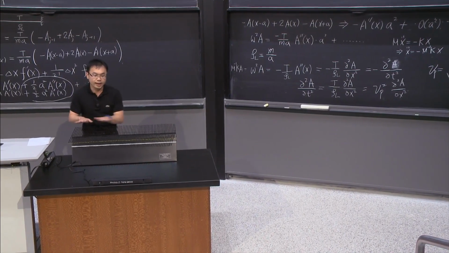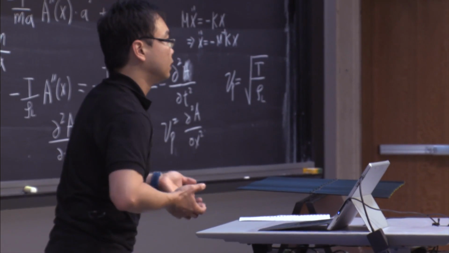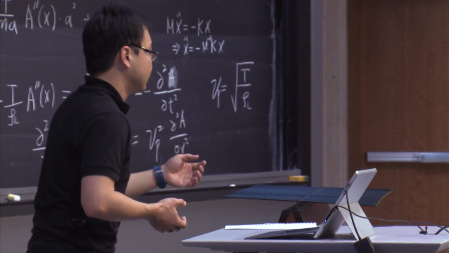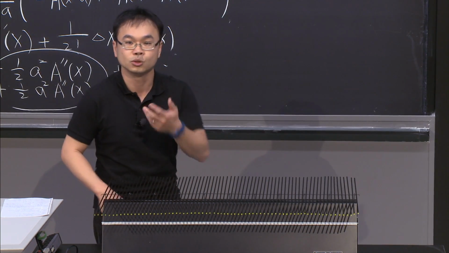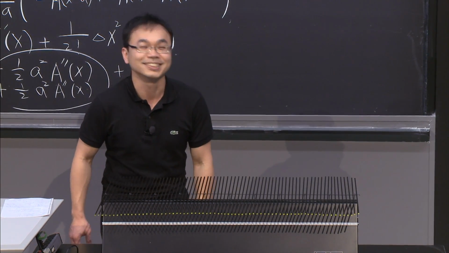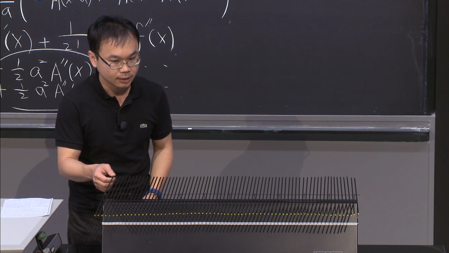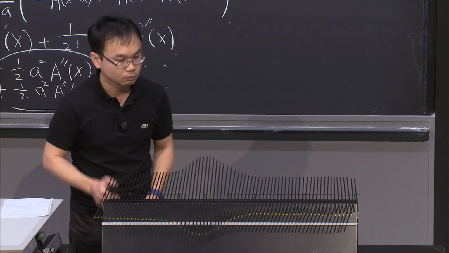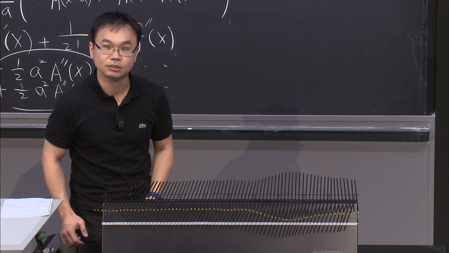Here I have, again, what you have seen last time. This is a coupled oscillator system. It has 72 components. As a physicist, that's equal to an infinite number of coupled oscillators. That's good enough. And you can see that if I do this, it does something really strange.